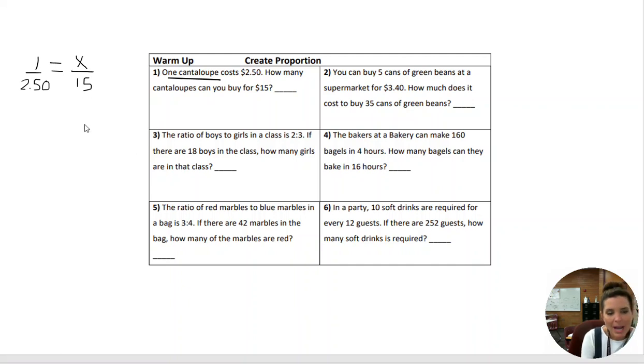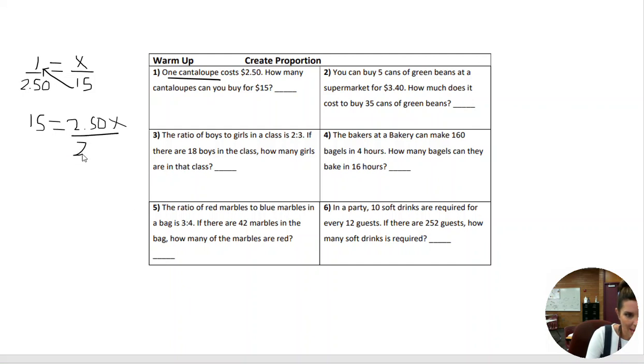And then once you have your proportion set up, the way that you're going to solve these proportions is you're going to cross multiply. So 15 times 1 is 15. $2.50 times x is 2.50x. And then you guys know when we have an equation that looks like this, if we want to get the x alone, we have to get rid of the multiplication by $2.50.